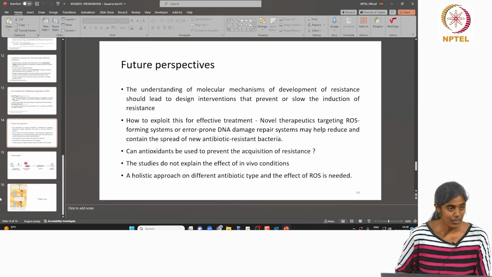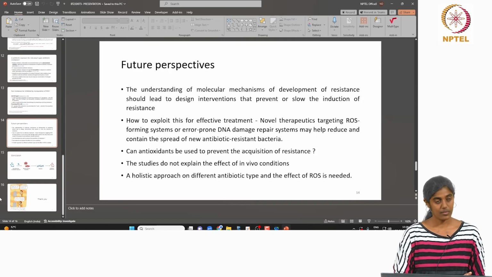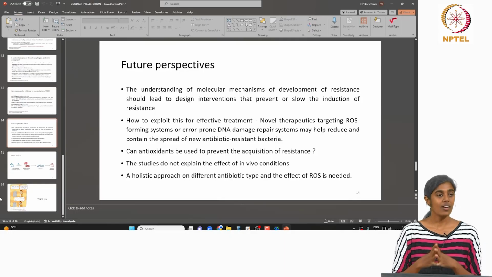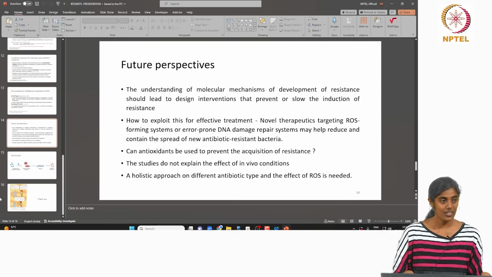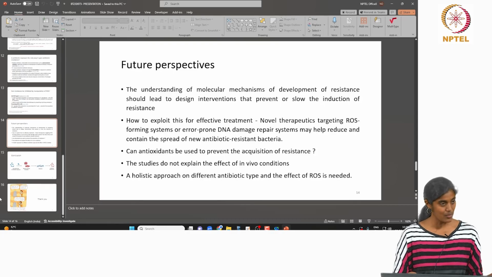No, the innate immunity is basically the host's system. We are not talking about the host at all. This antibiotic resistance happens in the microbe and not in the host.